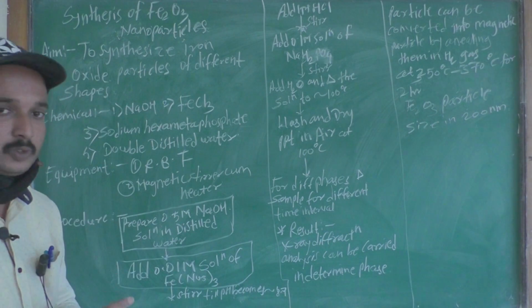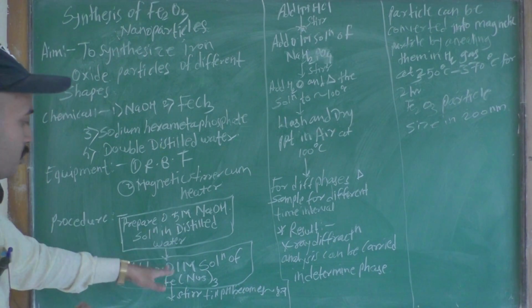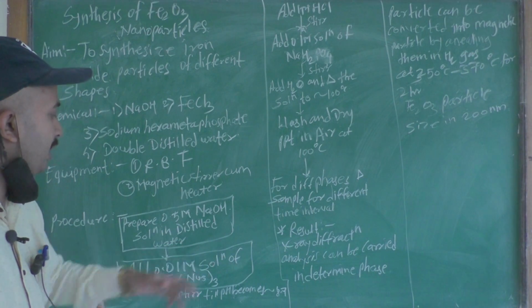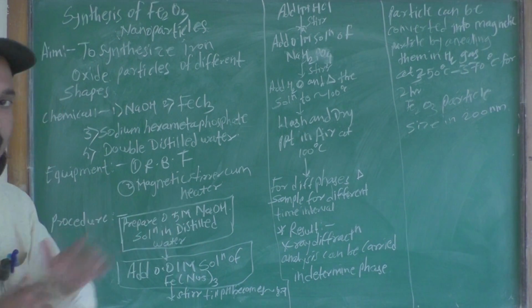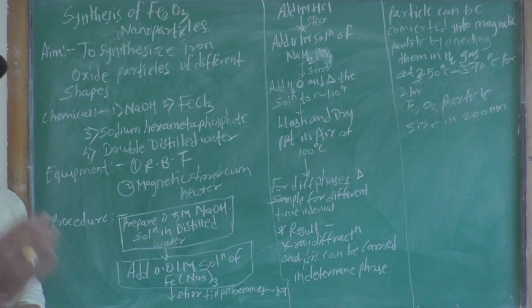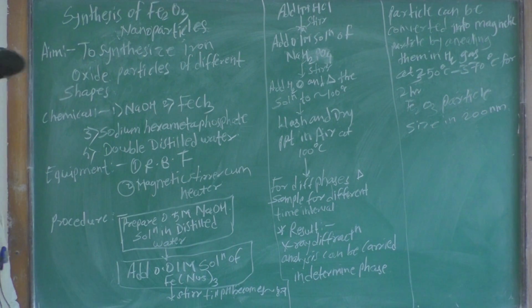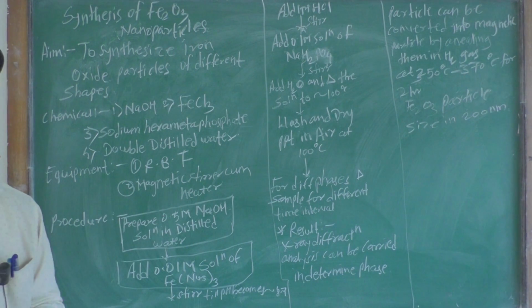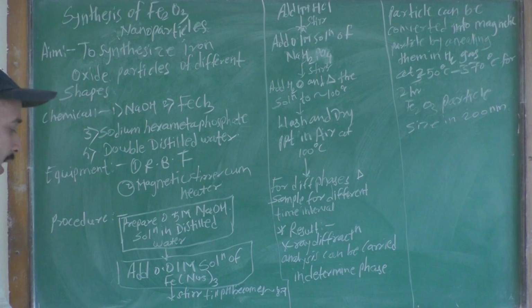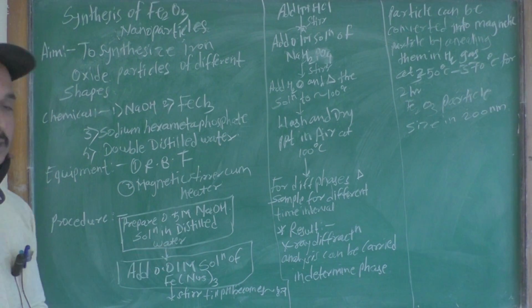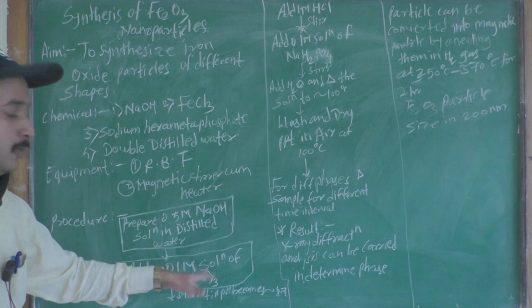Then in this solution you have to add a 0.01 molar solution of ferric nitrate, FeNO3 thrice.